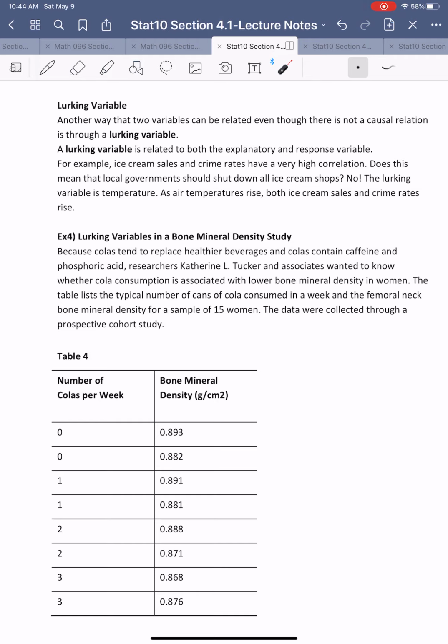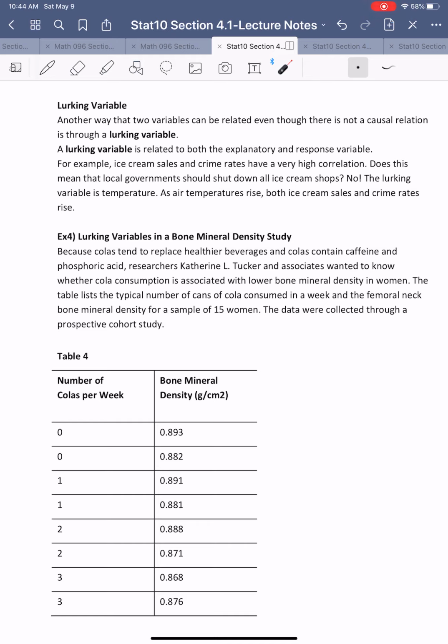The table lists the typical number of cans of cola consumed in a week and the femoral neck bone mineral density for a sample of 15 women. The data were collected through a prospective cohort study. So I put the table in here: number of cans of cola per week, the people, and the density.